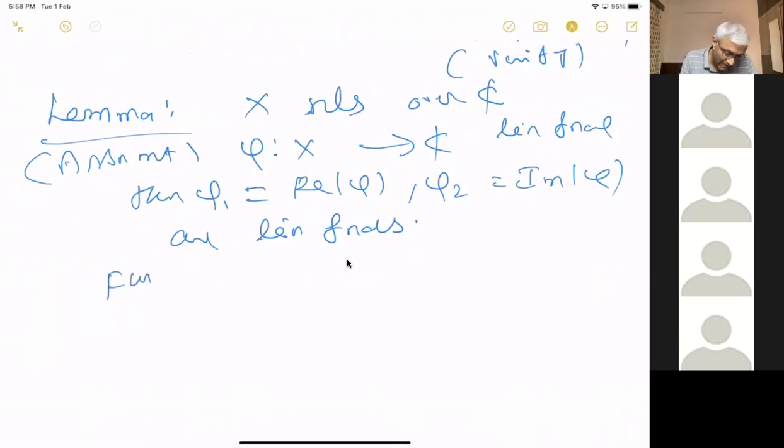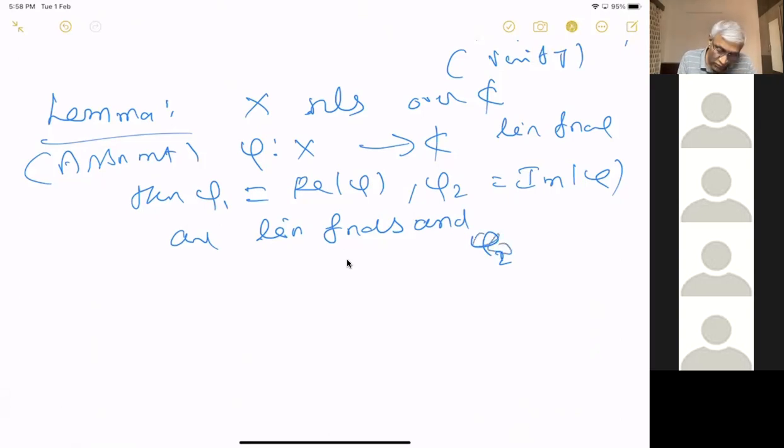phi1 and phi2 are linear functionals, and phi2 is determined by phi1. The linear functionals phi1 and phi2 are defined on the whole space X, which is a complex linear space where you can scalar multiply by complex numbers. There is no problem over that.